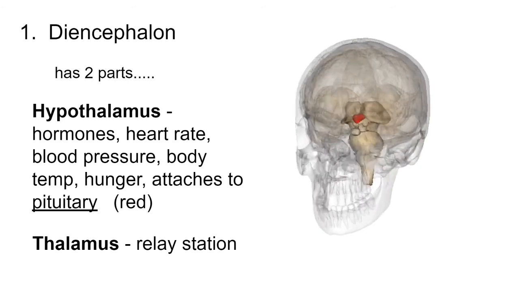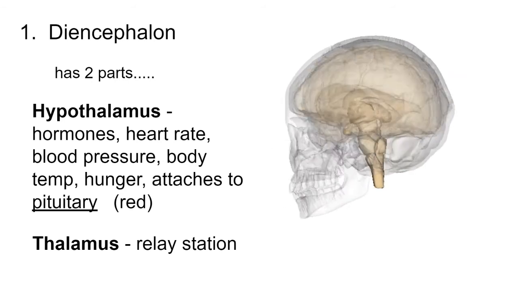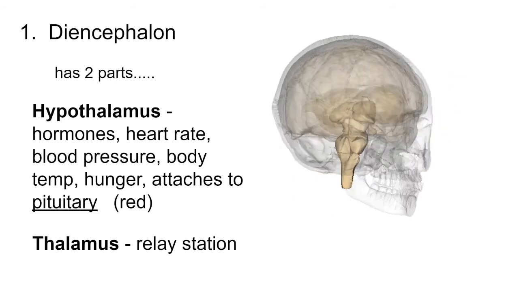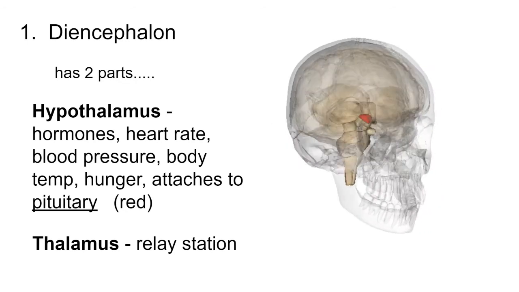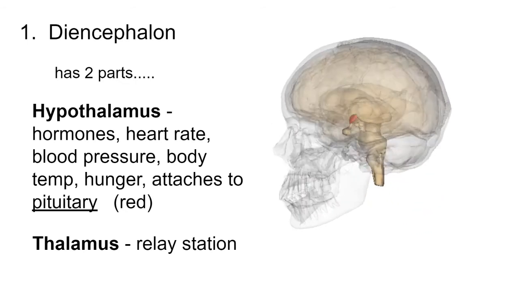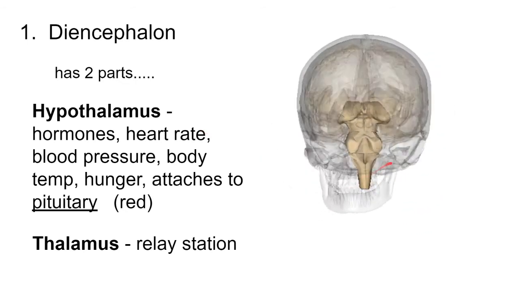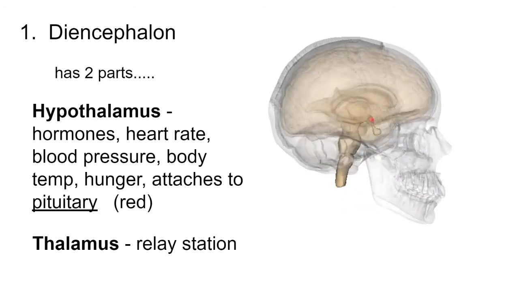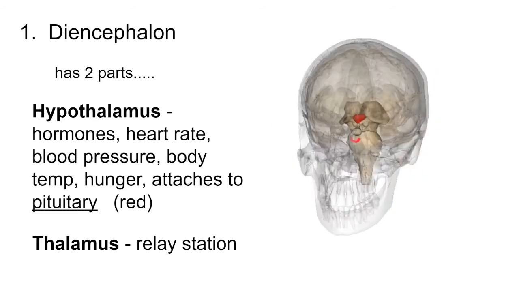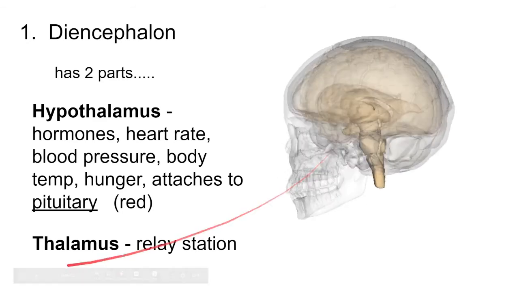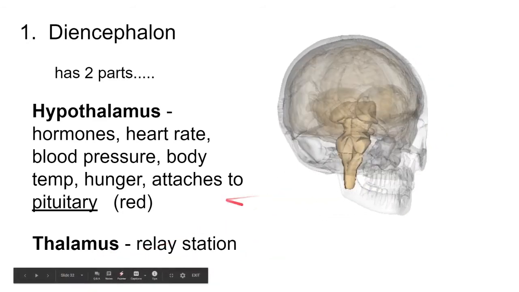The hypothalamus regulates your hormones, your heart rate, your blood pressure, your body temperature, hunger. It attaches to your pituitary gland, which is the red little blob in here. So this would be your hypothalamus and thalamus. The thalamus is just the relay station for this information.